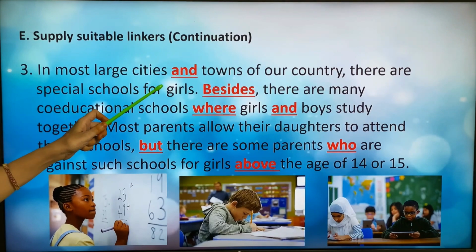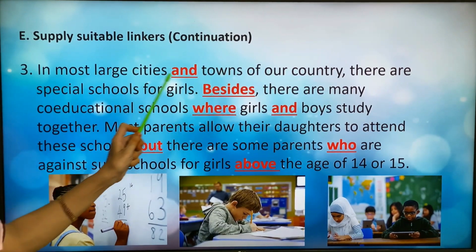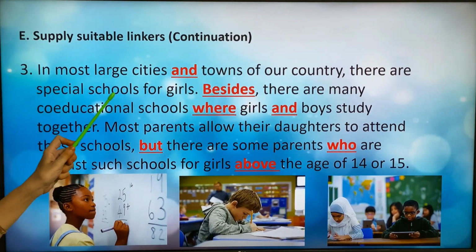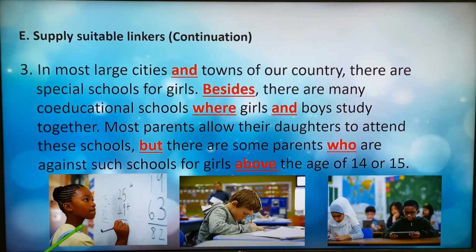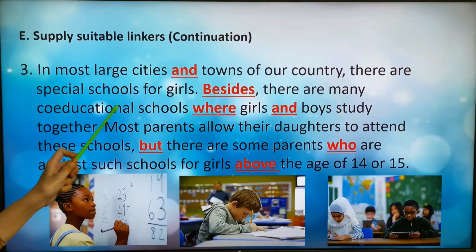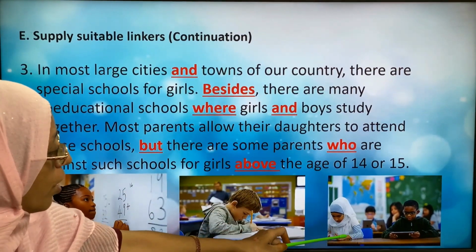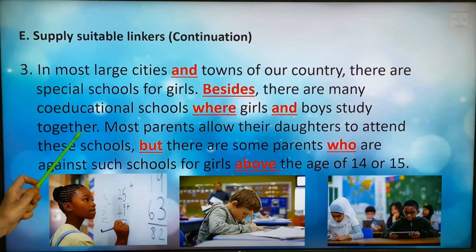In most large cities and towns. See, here and is used to connect two words, cities and towns of a country. There are special schools for girls. Besides, there are many co-educational schools where girls and boys, look at this picture, study together.